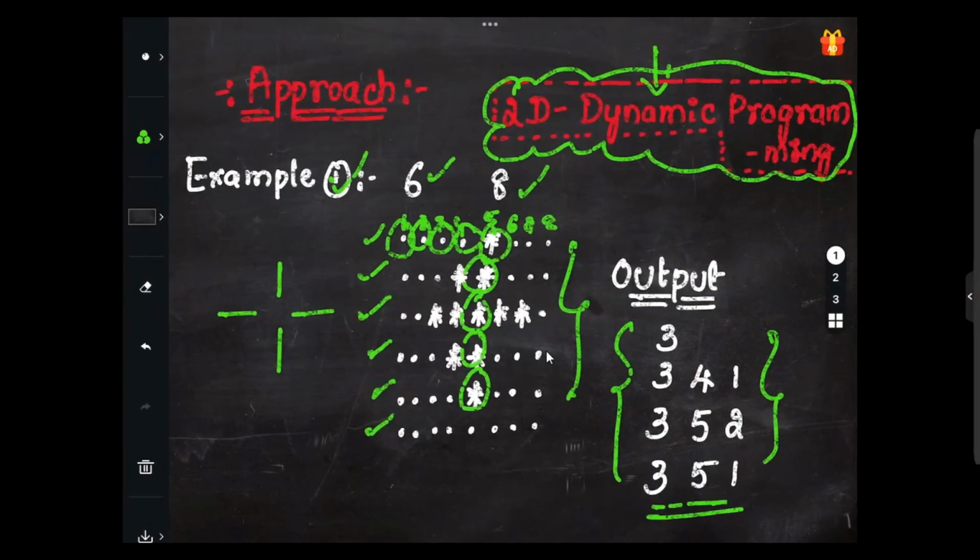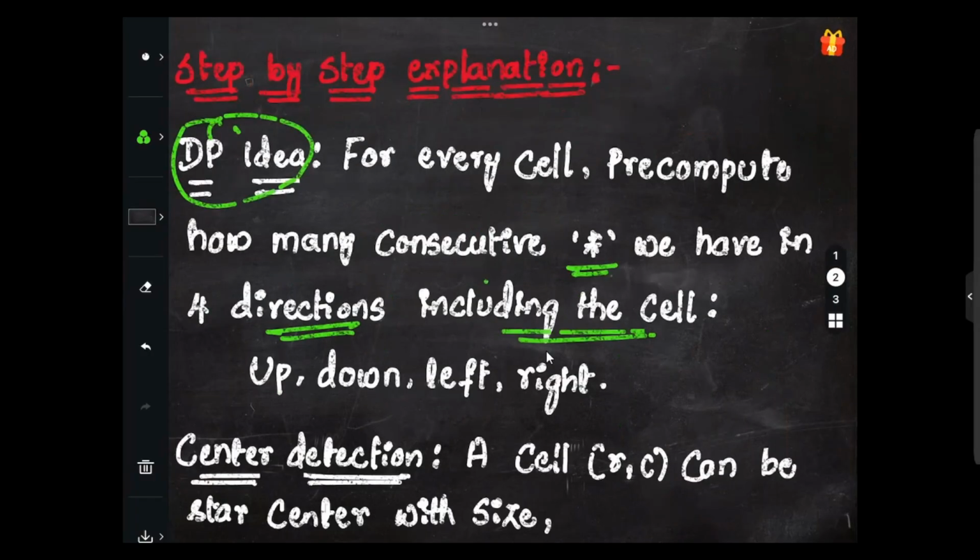We cannot go diagonally. They have mentioned in the question, either we can go up, down, left, or right. If we start from a star here, we can go down, left one step, right one step, and up, like that. So how many consecutive stars do we have in the four directions, including that particular cell: up, down, left, and right.